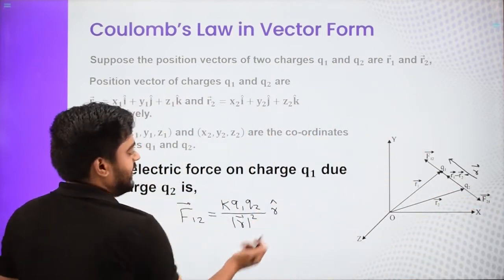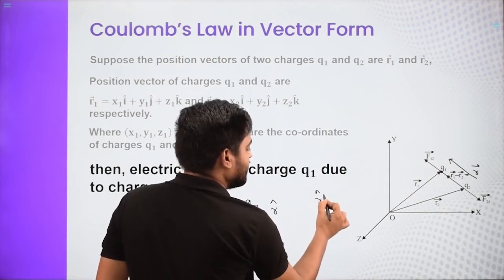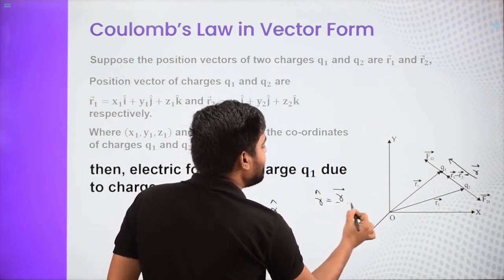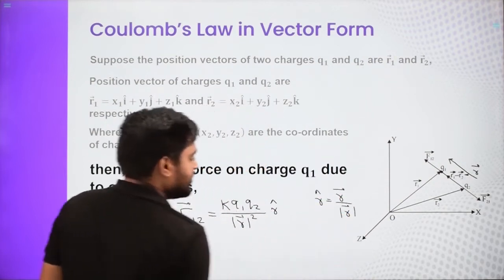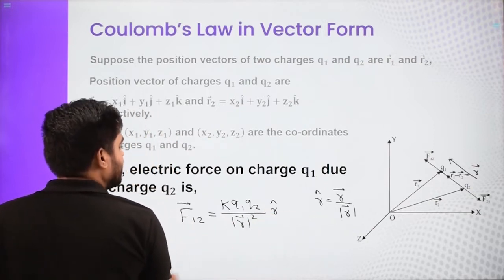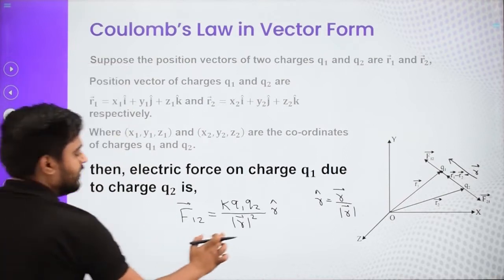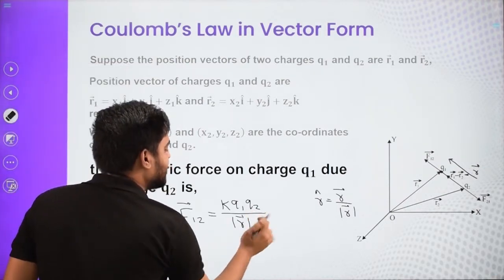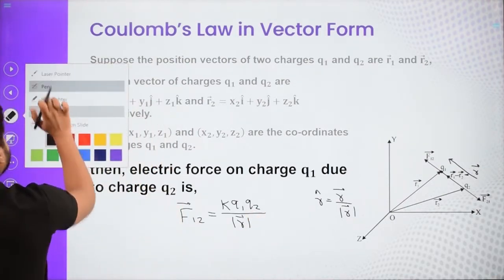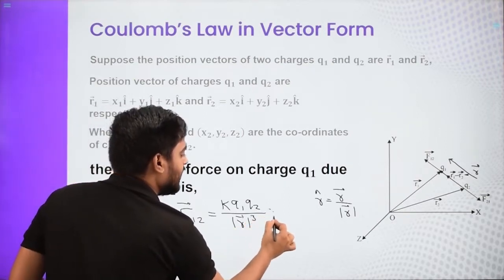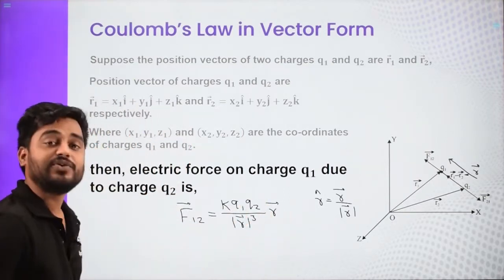So what is R cap? R cap is nothing but the R vector divided by the magnitude of the R vector. So when you write it over here, this becomes R cubed and this becomes the R vector.